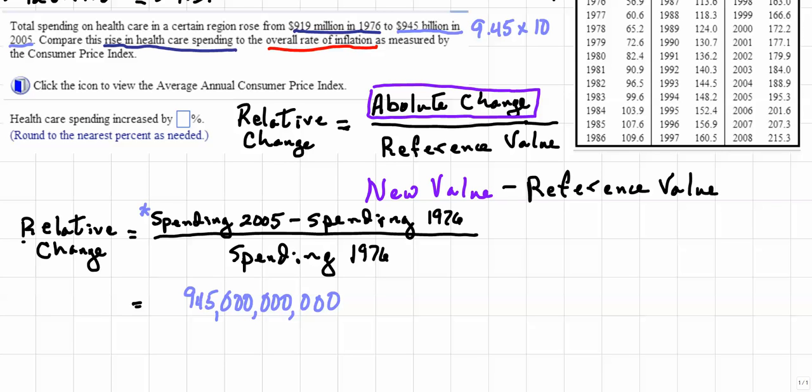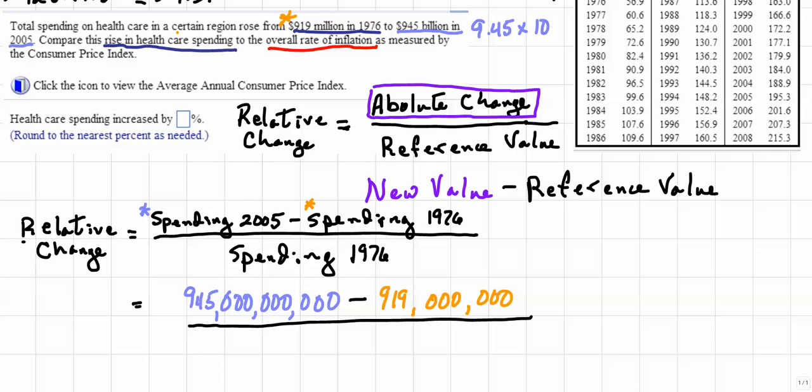And we're going to subtract from that the spending in 1976, which is 919 million, and we write that out as a number. And we're going to divide that by the original number, which is the spending in 1976. That is our reference number, so we have 919 million. And then you can simply type that into your calculator to get an answer.